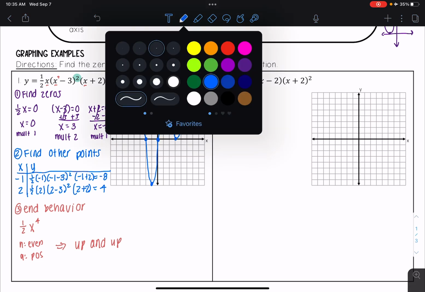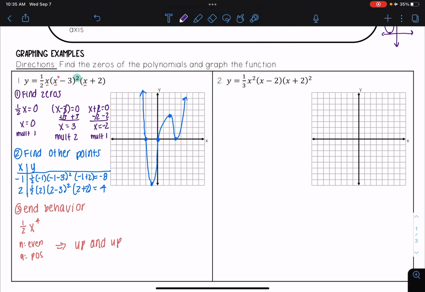Okay, let's look at one more. Here I have 1/3 x squared times x minus 2 times x plus 2 squared. So here my zeros are 1/3 x squared equals 0, x minus 2 equals 0, and x plus 2 equals 0. So I have x equals 0, x equals 2, and x equals -2.